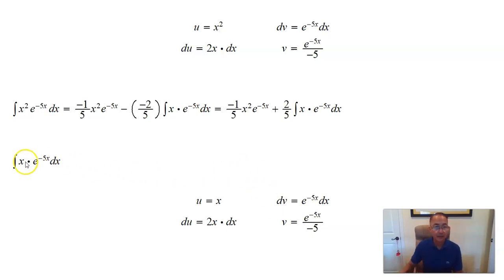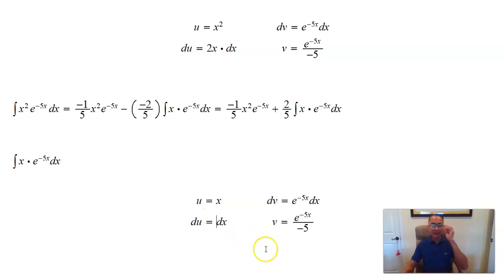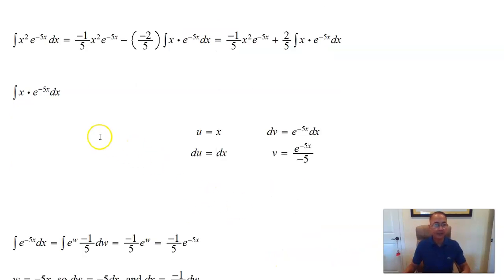Okay, so one part will be x, the other part will be e to the minus 5x dx with the same v by integrating. Our du will now simply be dx. Great.